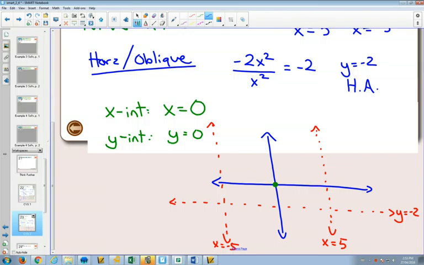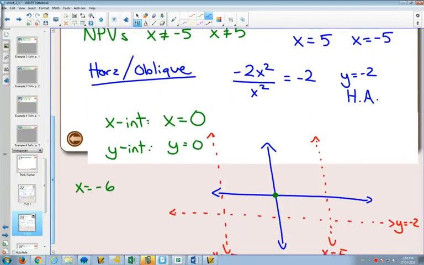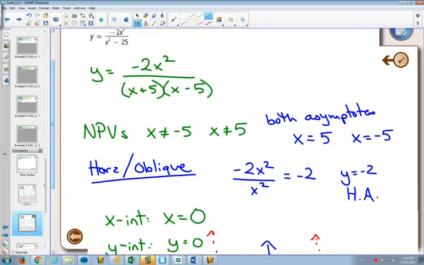If I choose x equals -6 and plug that into my equation, what do I get as a point? If I use the factored one here, can you see that I'm going to get -72 on top? Because -6 squared is 36 times the -2 will be -72. And on the bottom, this will be -1.